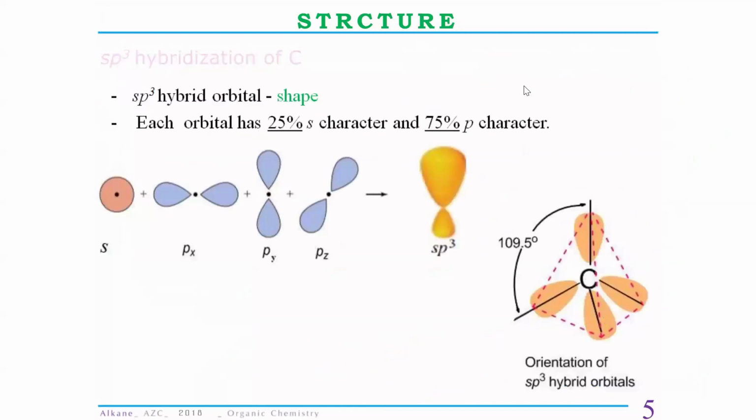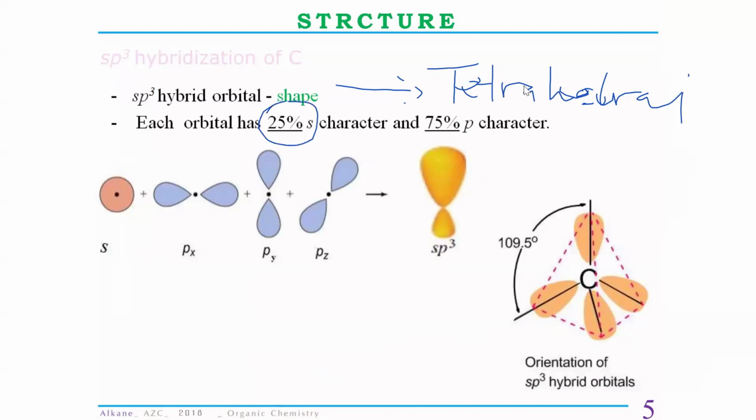So now the shape of sp3 hybridization of alkanes is, of course, tetrahedral. It has a tetrahedral shape. And of course, the percentage of s character is 25%, and the percentage of p character is 75%.